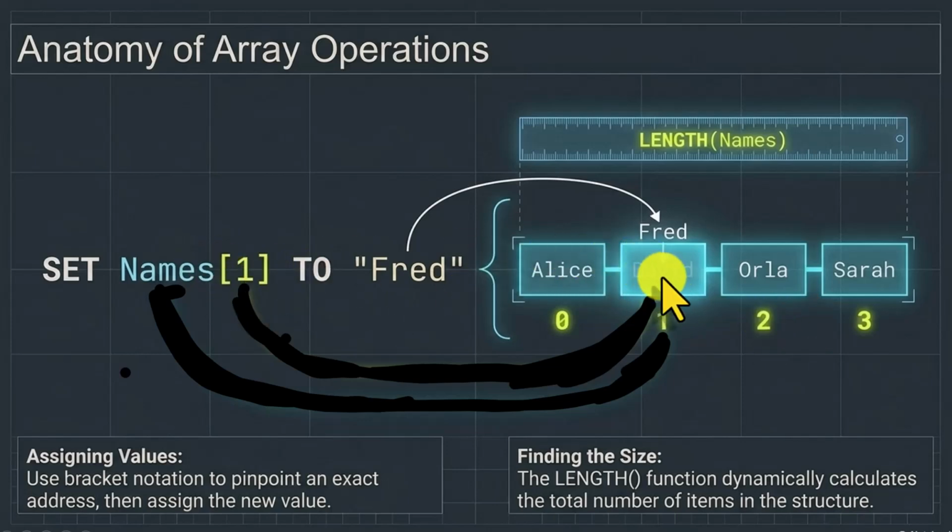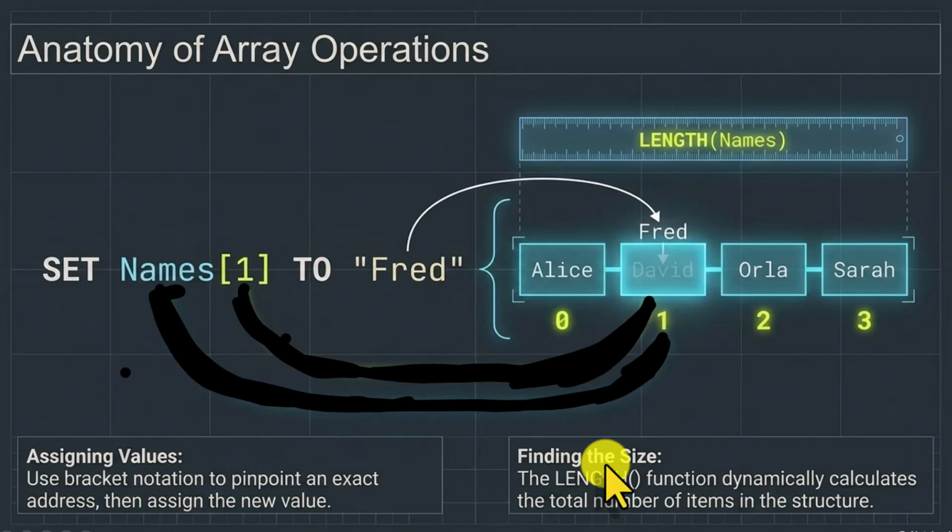First David is here, David will be removed and Fred will be there. So we have the name of the array, then inside the square brackets the index, and we can work with that like a variable. We can read data from it or change its data. So for assigning values, use bracket notation to pinpoint an exact address, then assign the new value, as we can see there.